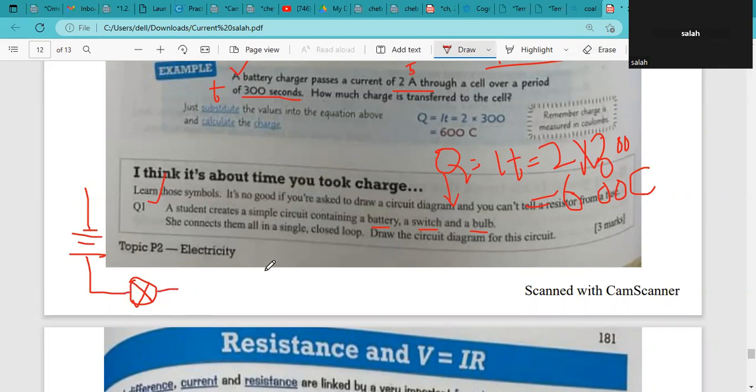And what is next? The switch. The switch is like this, and we can open it or close it. She connects them, so we should close the switch. So it will look closed.